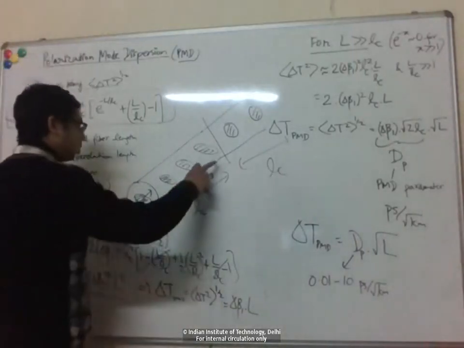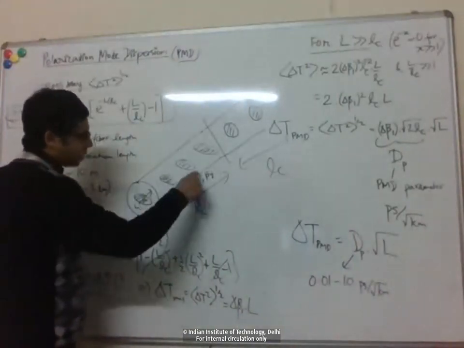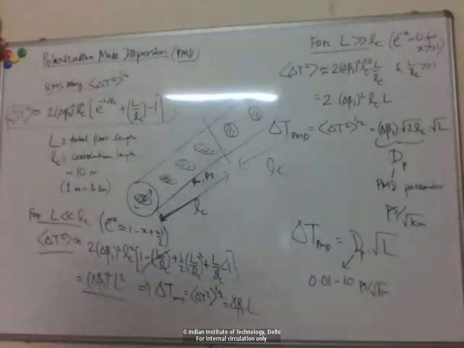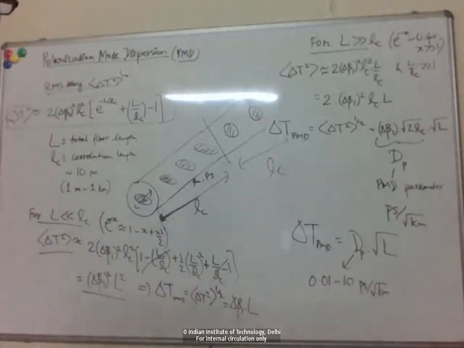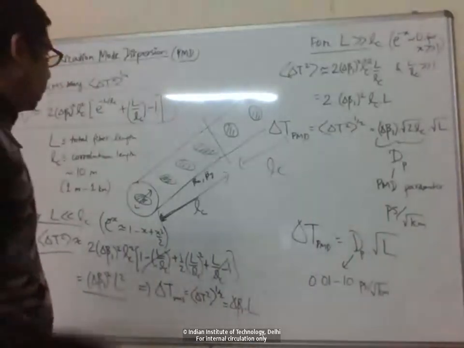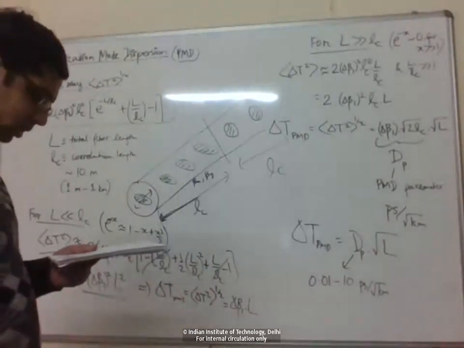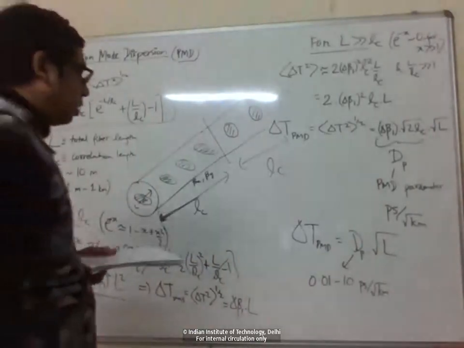It turns out the correlation length is roughly equal to the beat length for that amount of birefringence. But fundamentally, they're different concepts. I hope that's clear.